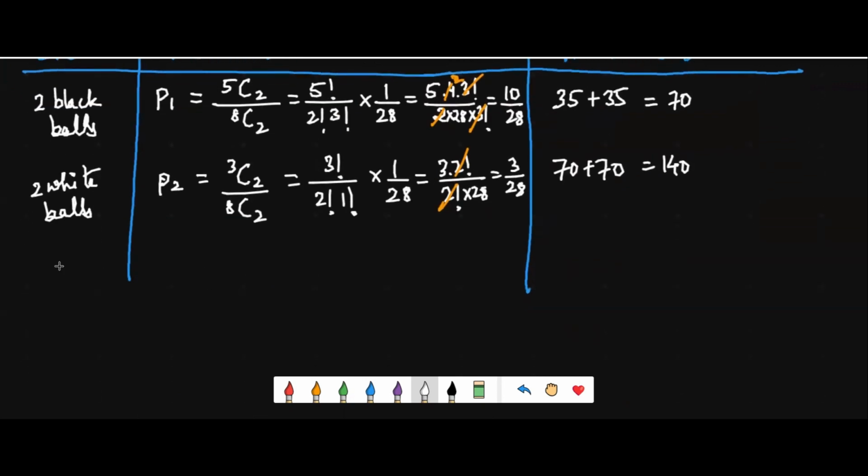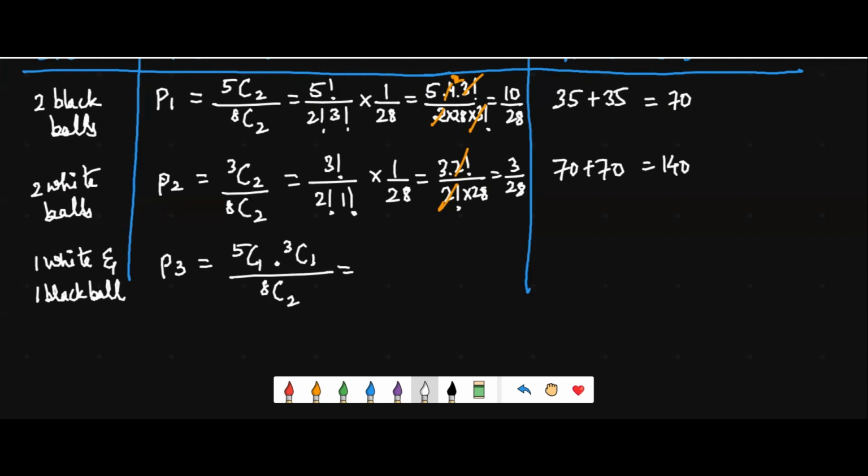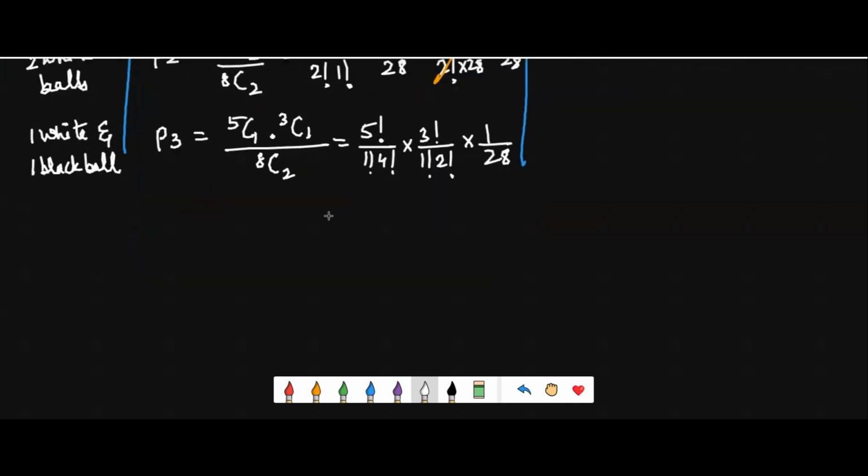Now the next, I'll be getting one white and one black ball. So I'm denoting it as P3. So one black, 5C1, multiplied by one white, 3C1, upon 8C2. So this is what we'll be getting. Let us solve it quickly.